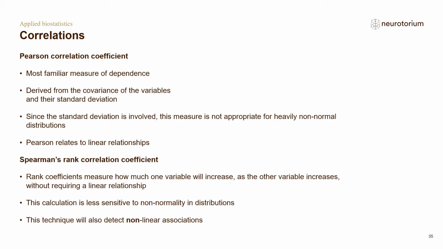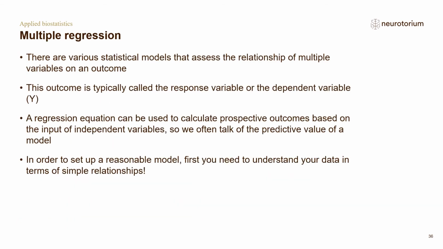Finally, correlations are being done either on normally distributed data with the Pearson correlation coefficient, or if it's non-normally distributed, you would use the Spearman rank correlation coefficient. Then you might be interested in not one variable correlating with your primary outcome of interest, which is the dependent variable, but you might want to look whether several variables are independently correlated or associated with your dependent variable.